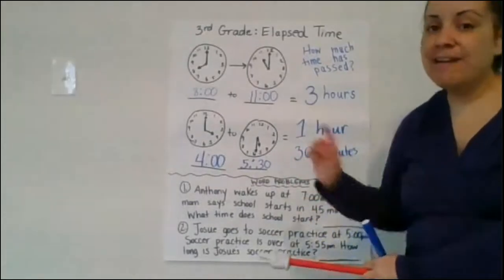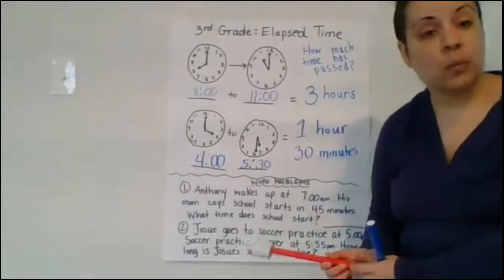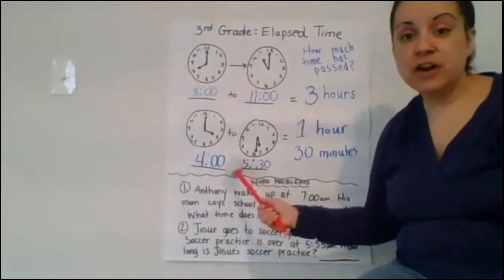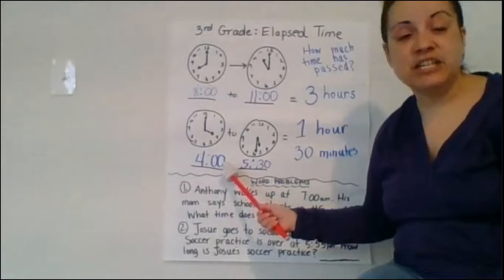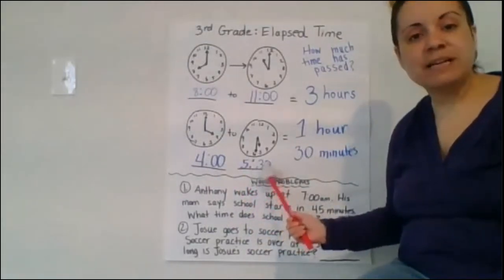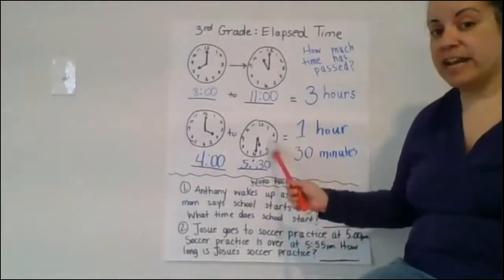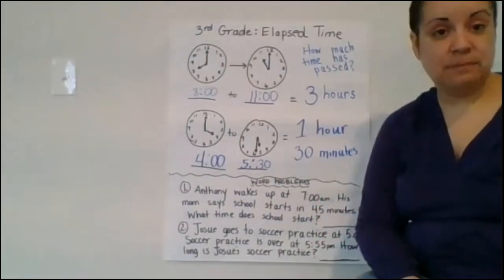Now, if we were to use this in a sentence, we could say, Annie started her homework at 4 o'clock. She finished her homework at 5:30. How much time has passed? And then our answer would be 1 hour and 30 minutes.